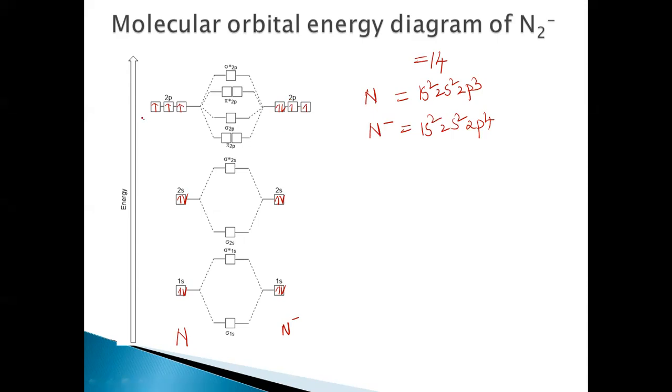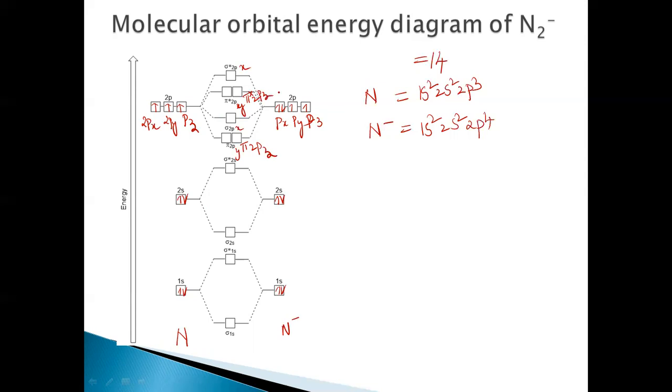So this is 2px, 2py and 2pz. Here also px, py and pz. Here this is sigma 2px, sigma star 2px, sigma 2py, pi 2py and pi 2pz.